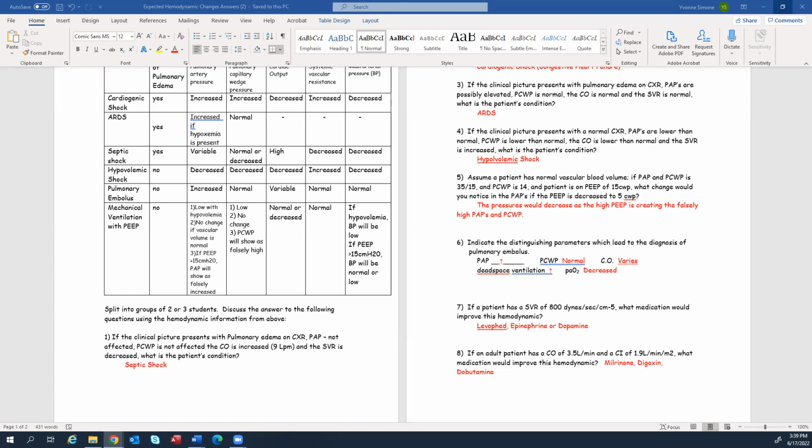It means that the cells are extracting more than the normal amount of oxygen. It could be because the cardiac output is low. It could be because hemoglobin is not adequate, like a low hemoglobin, you're not getting enough oxygen delivered to the tissues. It could be a low arterial oxygen content.